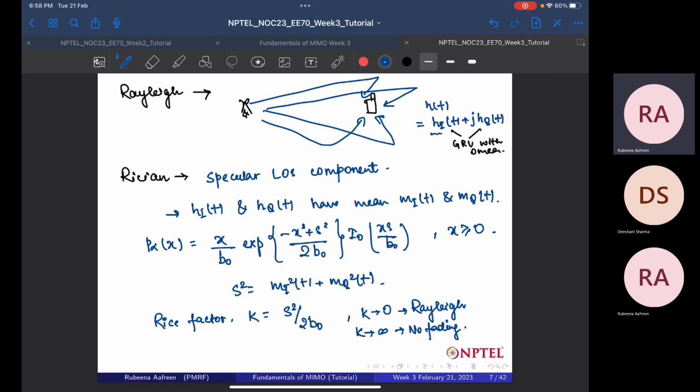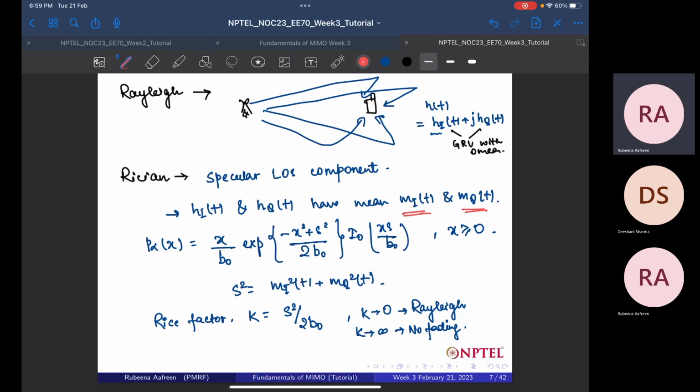Okay, I'll explain it again. When there is a Rician fading channel, we have a dominant LOS component. That means that out of all the signals that are coming, there is one signal with specifically higher power. How do we model a Rician fading channel? This HI and HQ term that initially we were considering as Gaussian random variables with zero mean, now we are considering as non-zero mean.